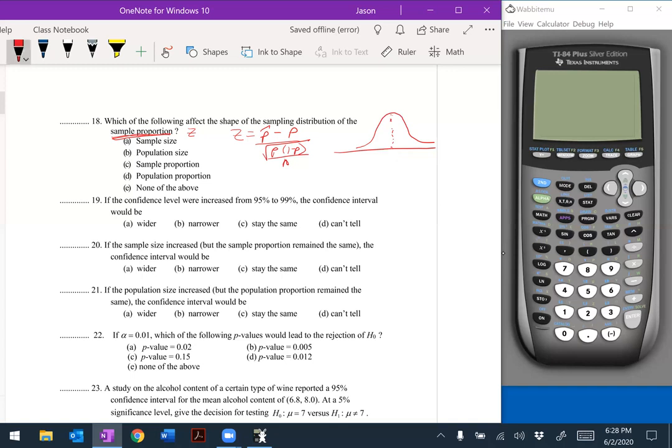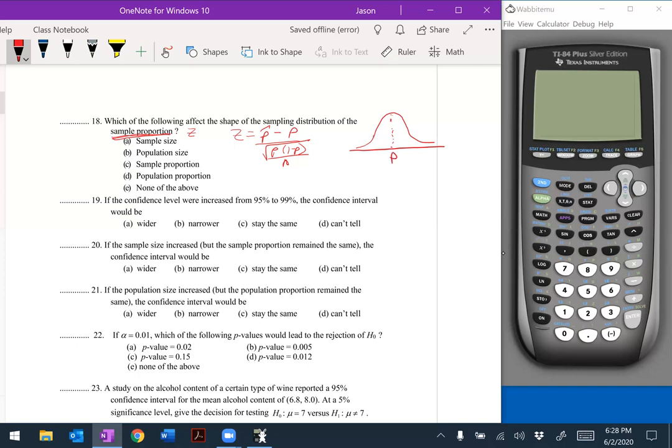The mu of p hat, we're really going to have p hat here. P hat or p? Let me think about this for a second. Nope, it's not p hat, it's p. How far away is p hat from p? Yes, that's correct. It is p.